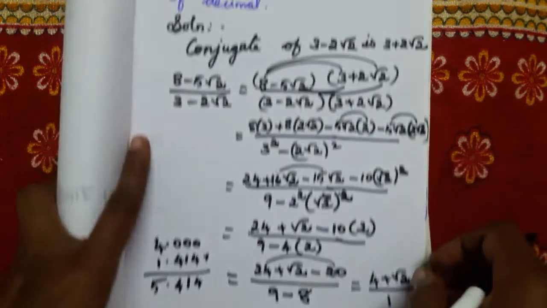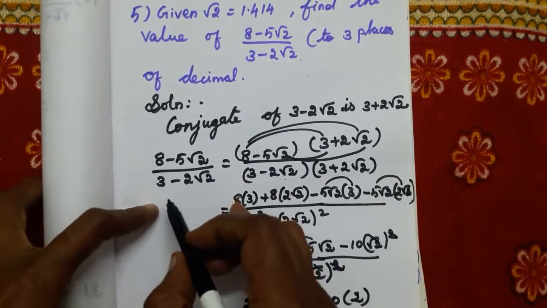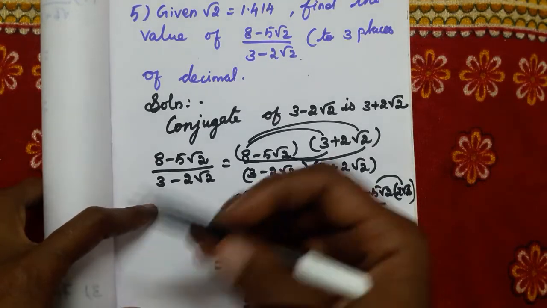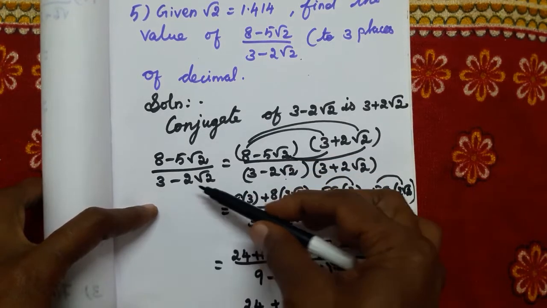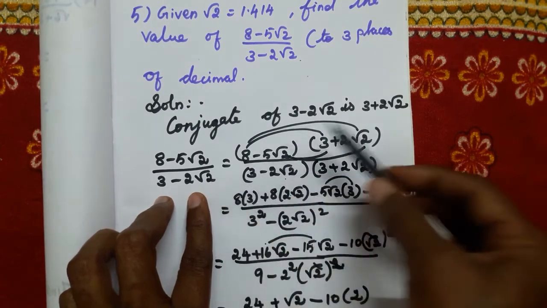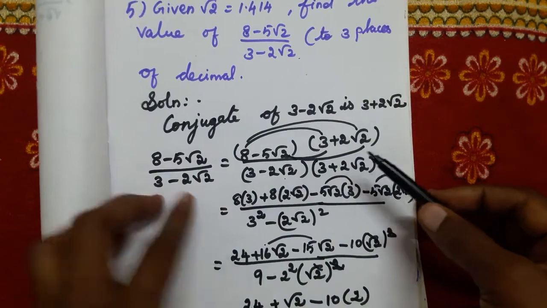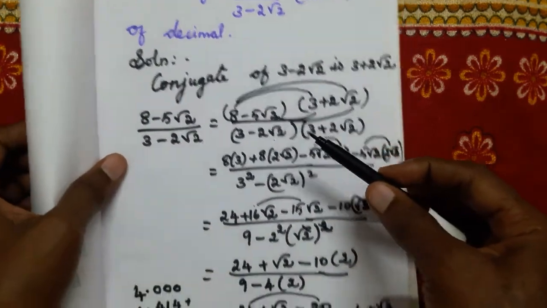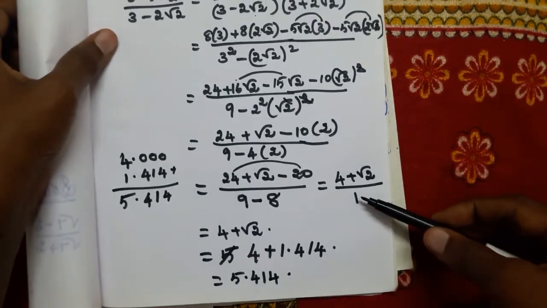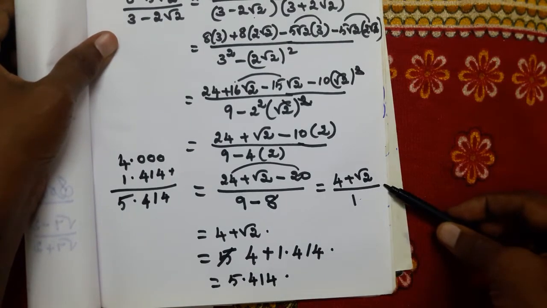First what do we have to do? First we have to rationalize the denominator. How do we rationalize the denominator? We have to take the conjugate of 3 minus 2 root 2 and multiply the numerator and denominator. So we are getting 1 in the denominator. What is in the numerator? 4 plus root 2.